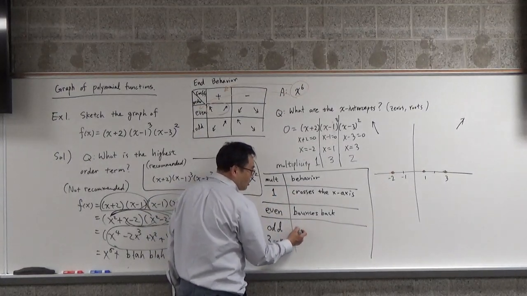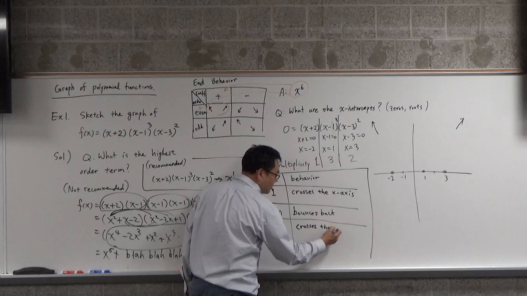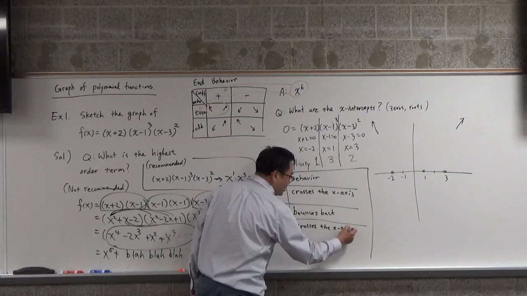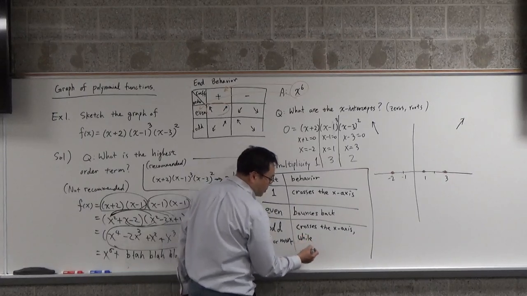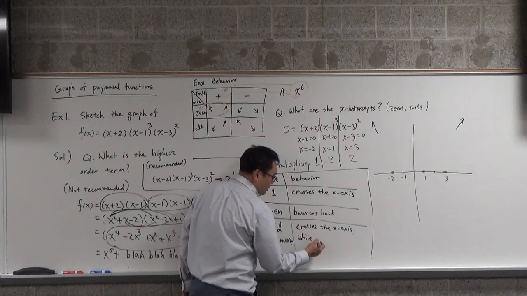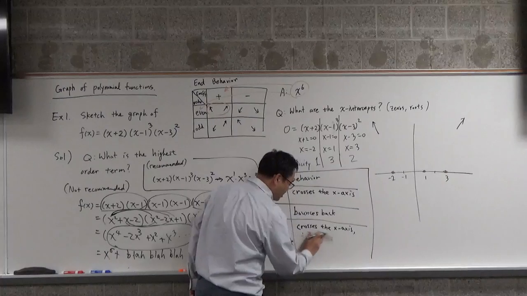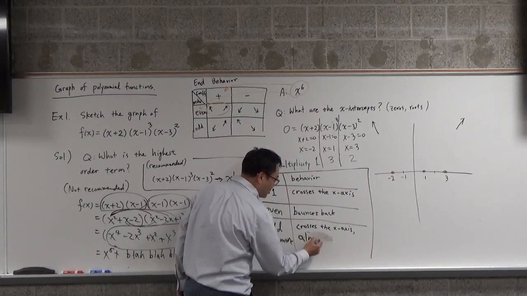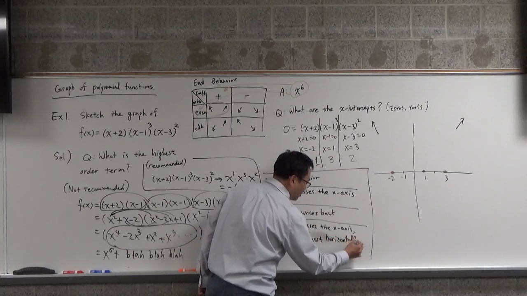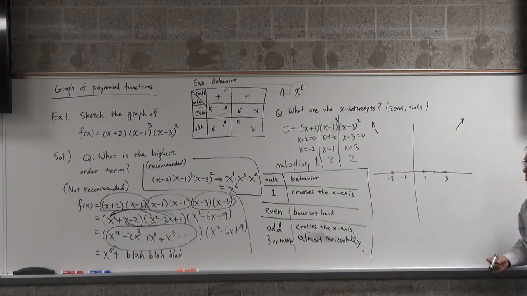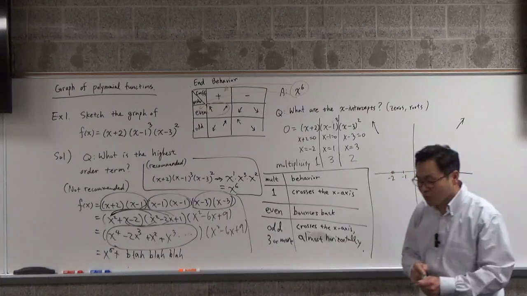So it crosses the x-axis while almost, well, I'll just say almost horizontally. Okay? So it crosses almost horizontally. Let me explain by drawing the graph. You'll see what I mean by almost horizontally.